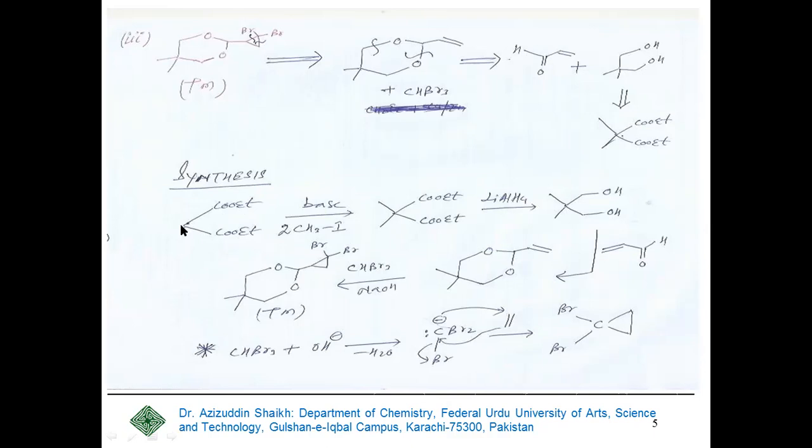This anion, or nucleophile, reacts with methyl iodide, and two hydrogens are removed and two methyls will be added. Now, by reduction in presence of lithium aluminum tetrahydride, the two ester groups are reduced into hydroxyl groups.